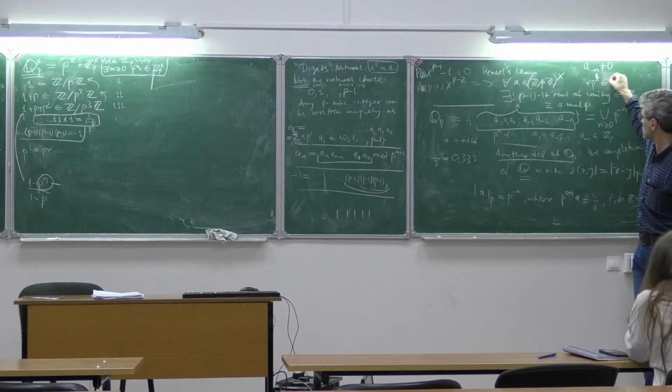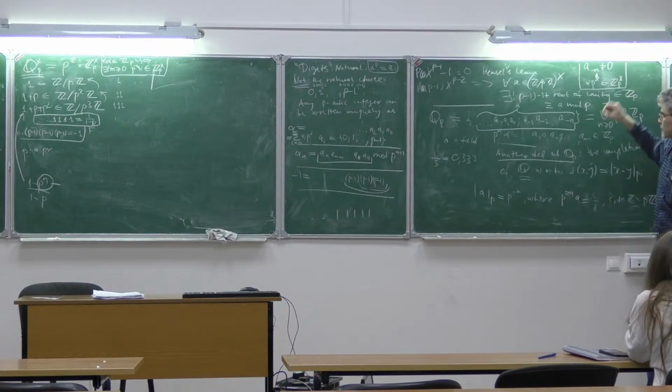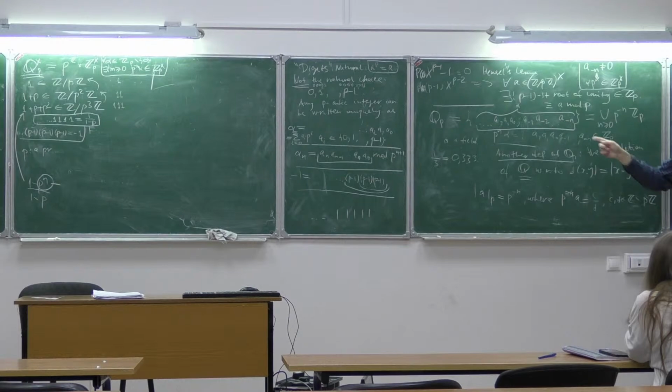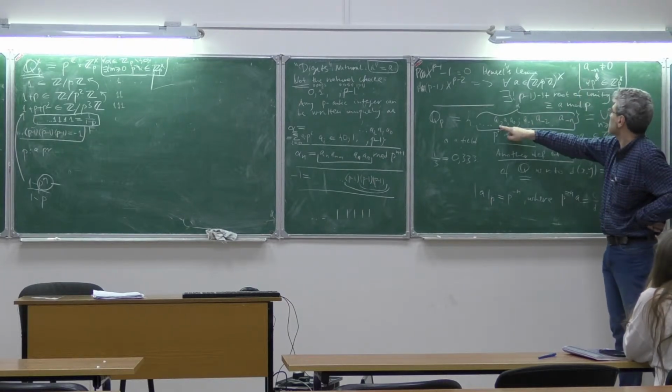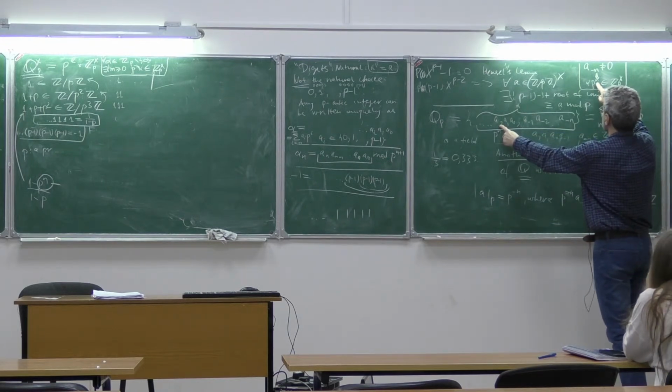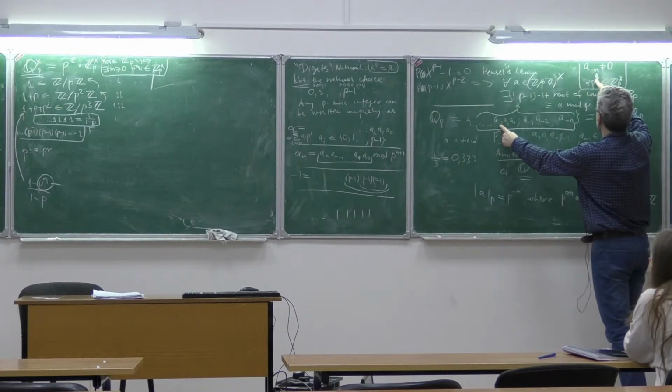So if our element is non-zero, then it has at least one non-zero digit. And if n is, for example, a2, then maybe you can change the sign if you wish.